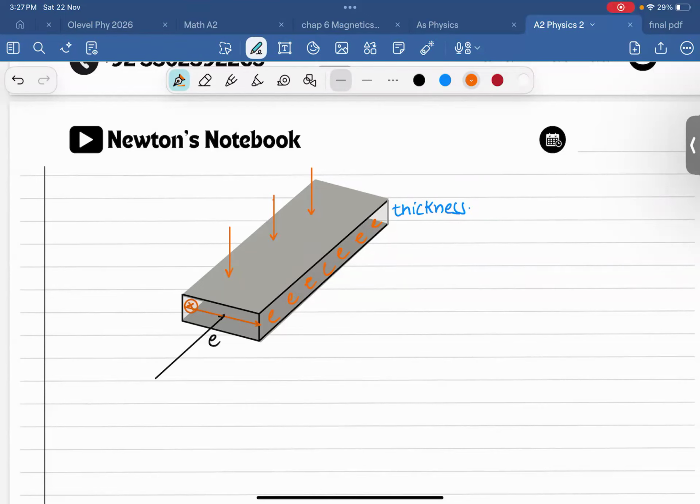These are the two faces where the Hall voltage will be created, and there the Hall voltage will appear.